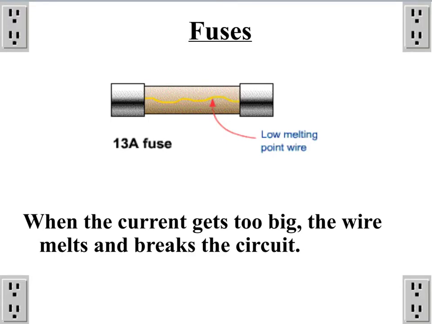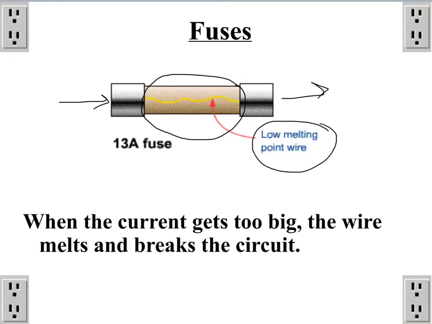Our first safety feature is a fuse. Now a fuse consists of a wire running through the middle. This allows the current in the circuit to flow through it. However, it has got a low melting point. So if that current gets too big, it also means that the temperature will go up.